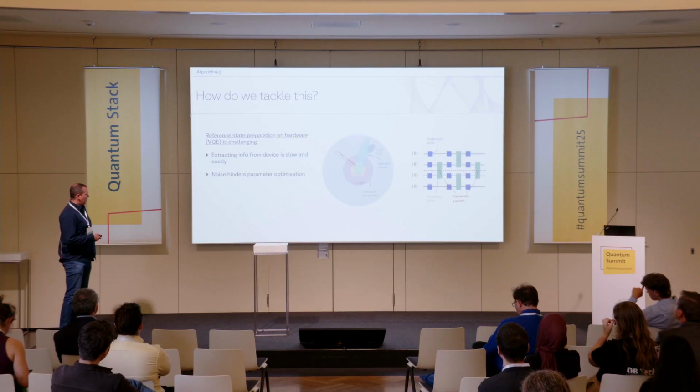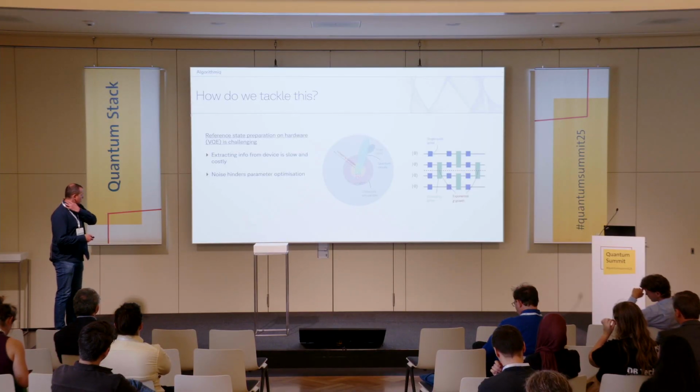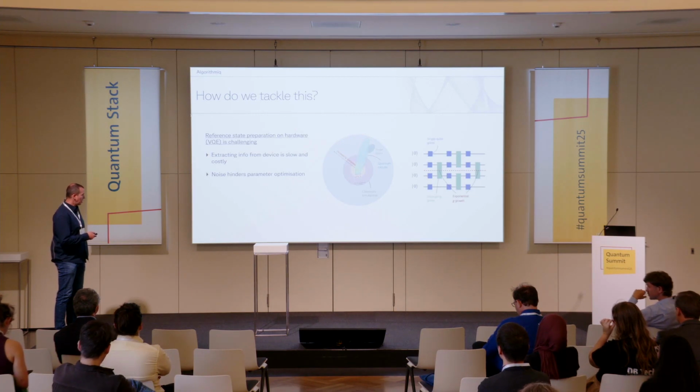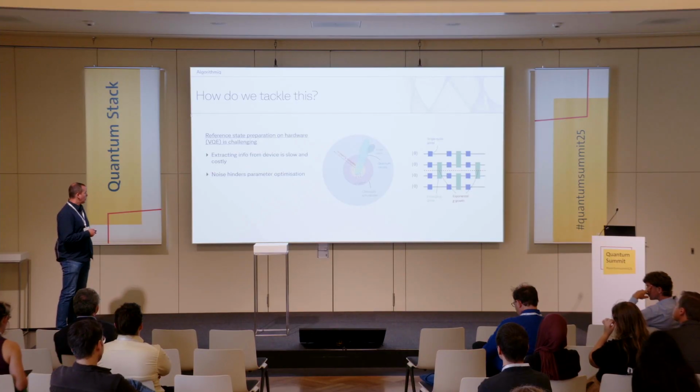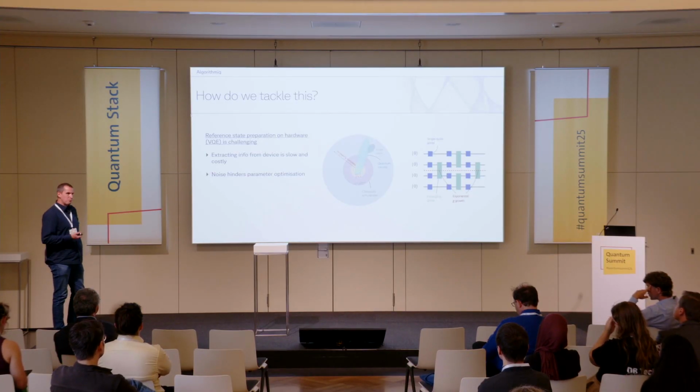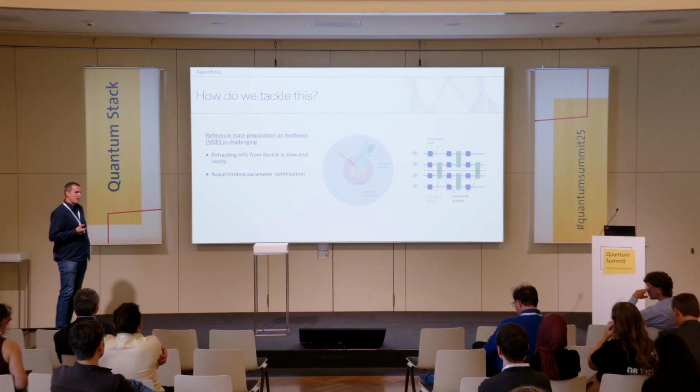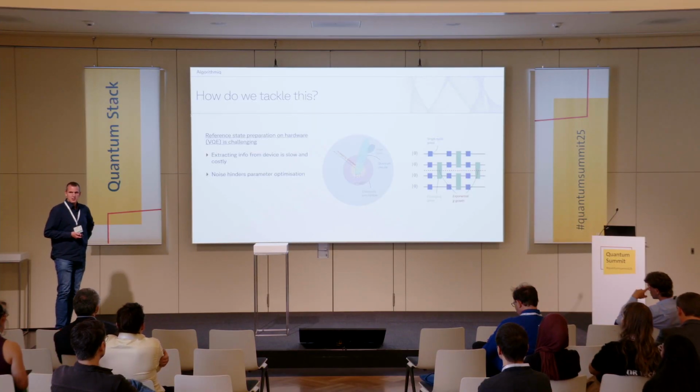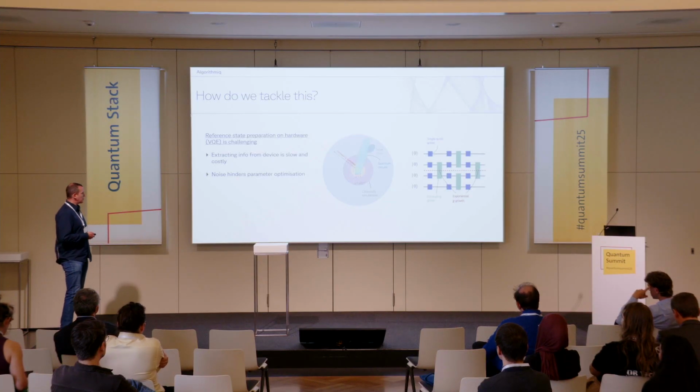For the circuit optimization, the exploration of circuits, the way we do it is we don't do it on a quantum computer itself. Why is that? Because extracting information from a quantum device is, at the moment, still slow and costly, and there's still noise, which may hinder your optimization.